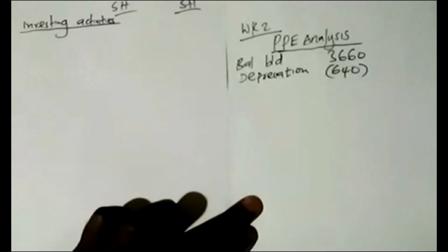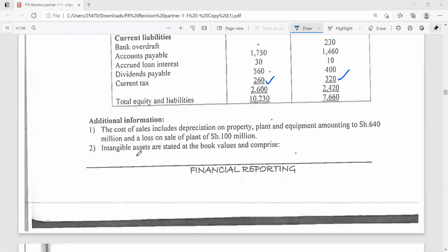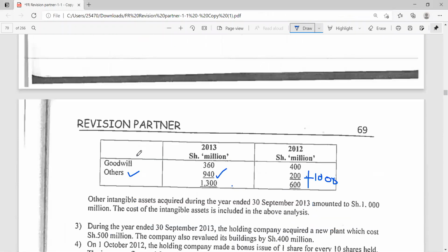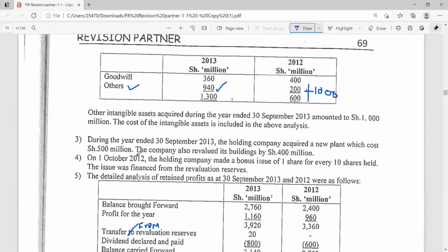Then we move to the next additional information. Additional information number 2 talks about intangible assets. And you know that intangible assets cannot affect your property, plant, and equipment, because property, plant, and equipment concerns tangible fixed assets, long term, that is.